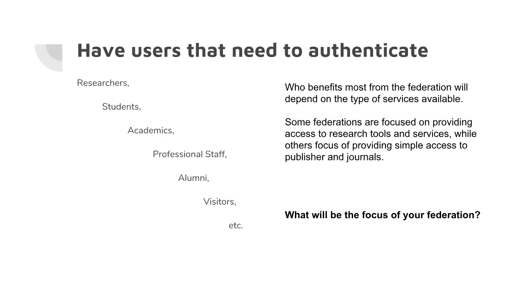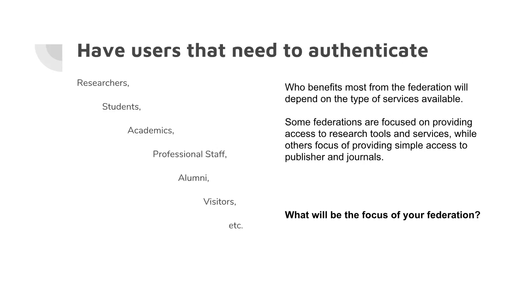Our federation, AAF, has a focus on providing access to research tools and research services across Australia. So our main goal is to provide authentication services for research type tools and research services to support research effectively across Australia. Other federations have got a different focus.